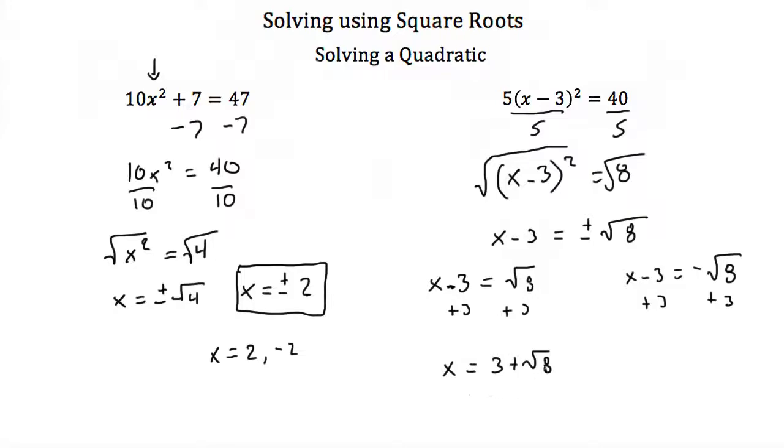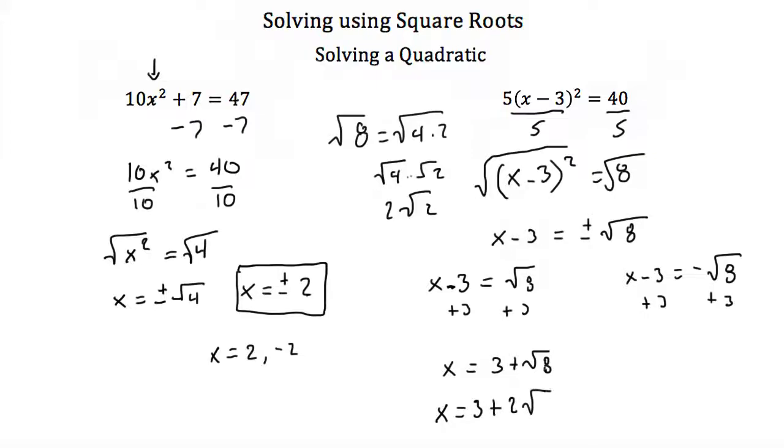Now we can simplify the square root of 8 as the square root of 4 times 2. And then that would be the same as the square root of 4 times the square root of 2. And the square root of 4 is just 2, so we have 2 root 2. So then x would be equal to 3 plus 2 square roots of 2.